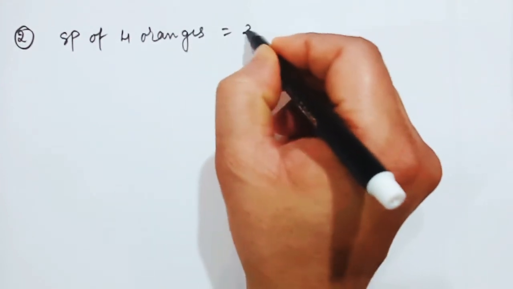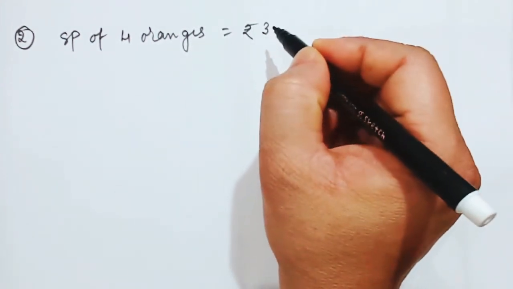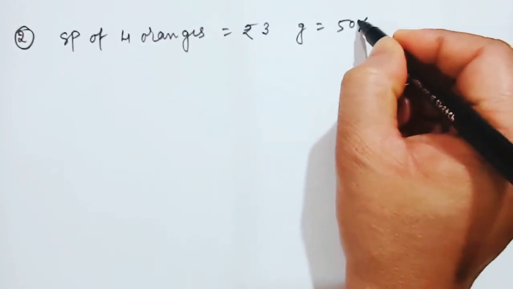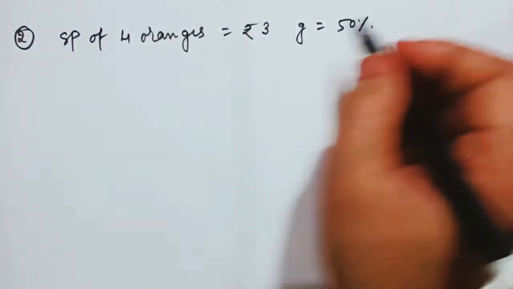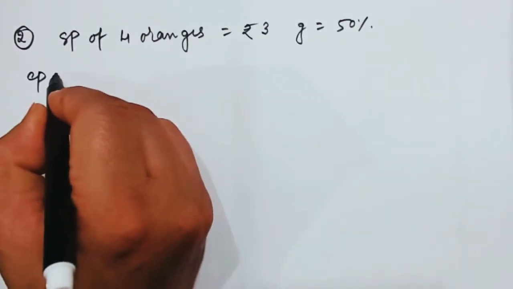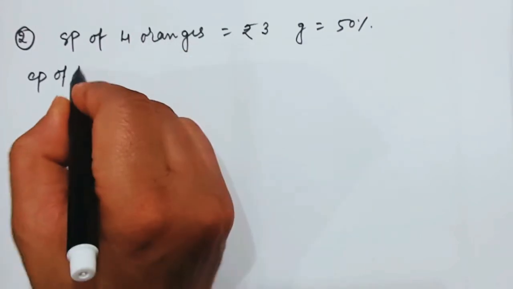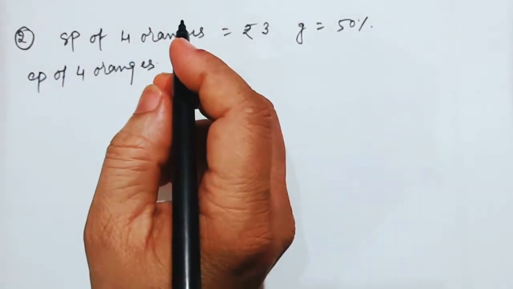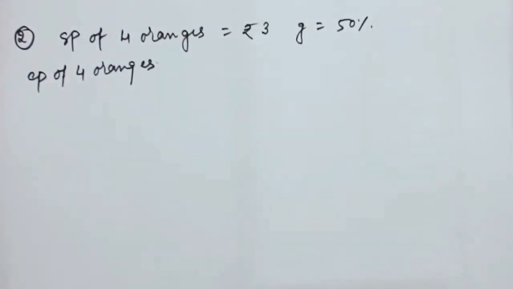And gain is equal to 50%. So when gain is 50%, what will be the cost price of these 4 oranges?